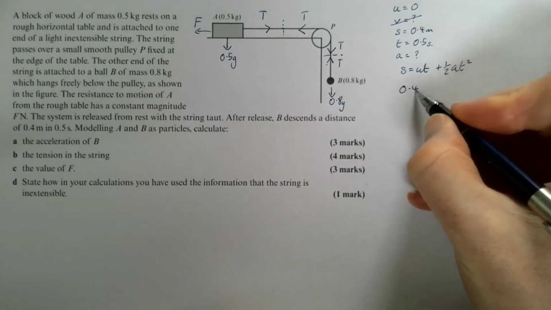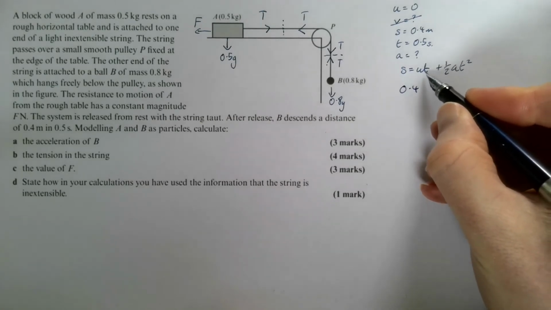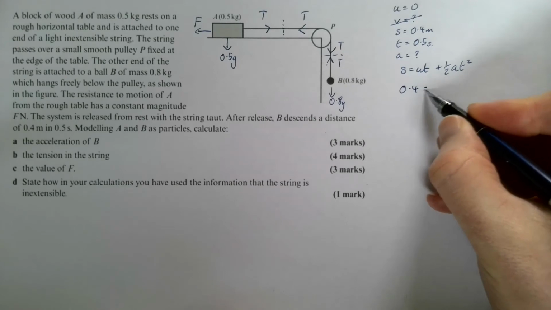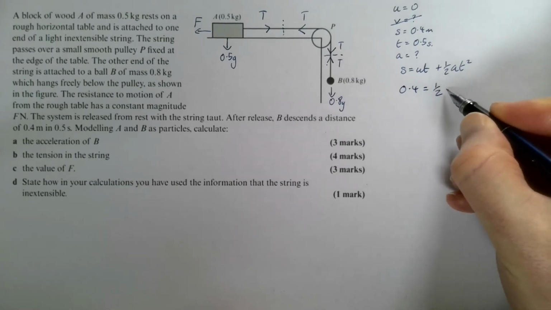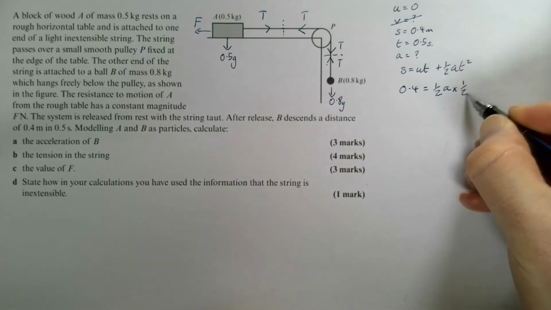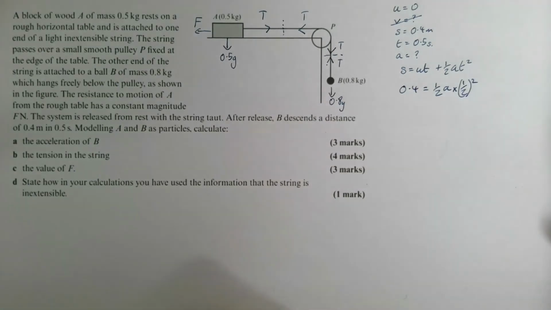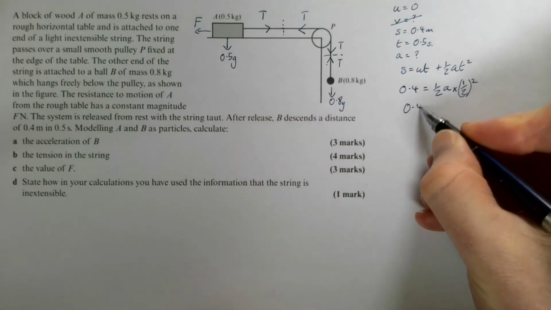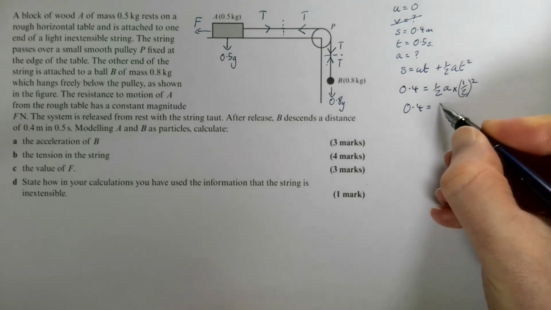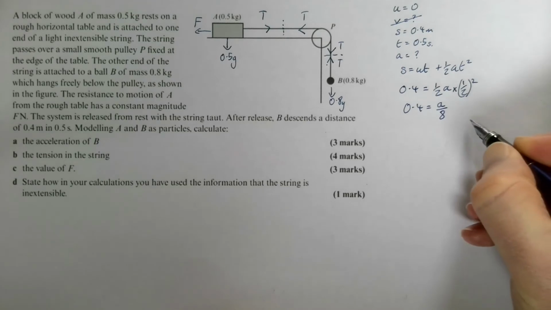Pop in 0.4, 0 times T means we can ignore that bit, and then we will have a half A times a half squared. So that means that 0.4 is going to be, well, that's a quarter, isn't it? A quarter times a half is an eighth, so A over 8.